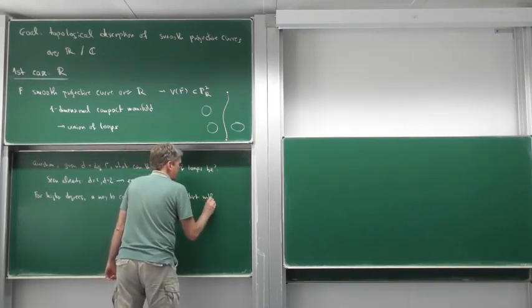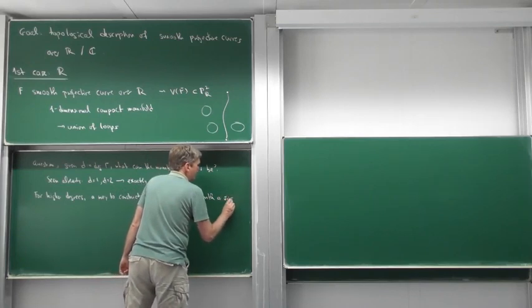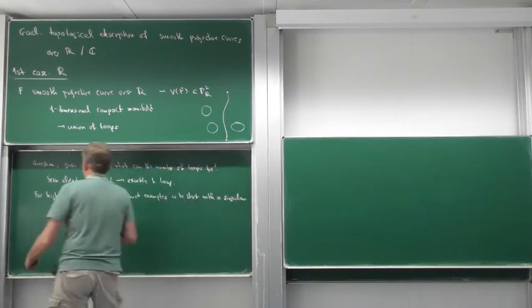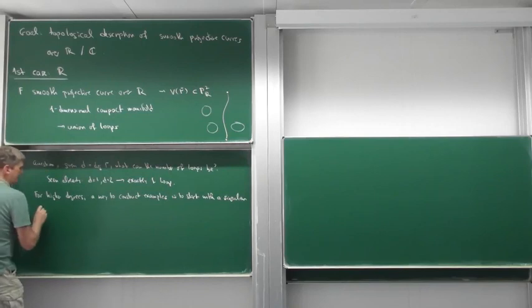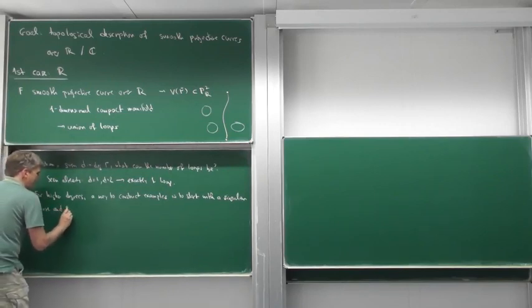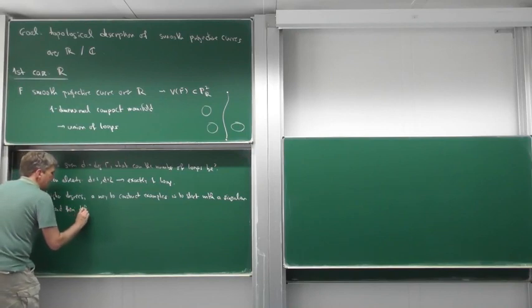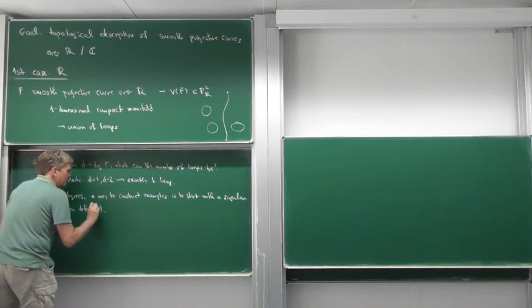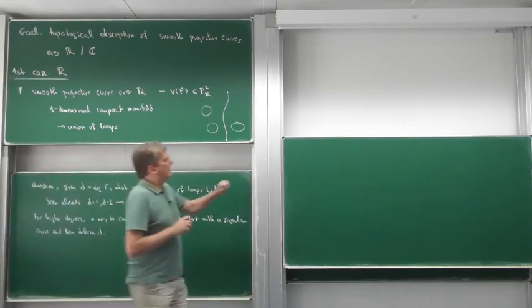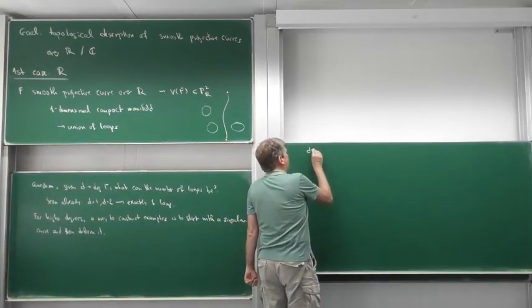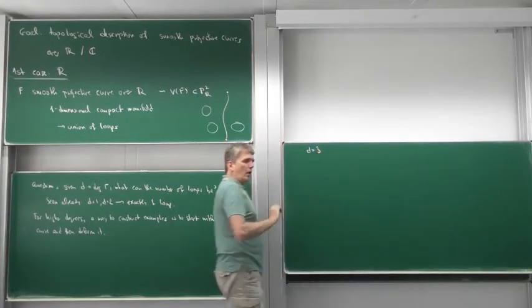So a way to construct examples is to start with a singular curve, which is not allowed at the end, but we could start with that and then deform it, which I mean the following. So let's do that. I have one example in degree 3 and one in degree 4.